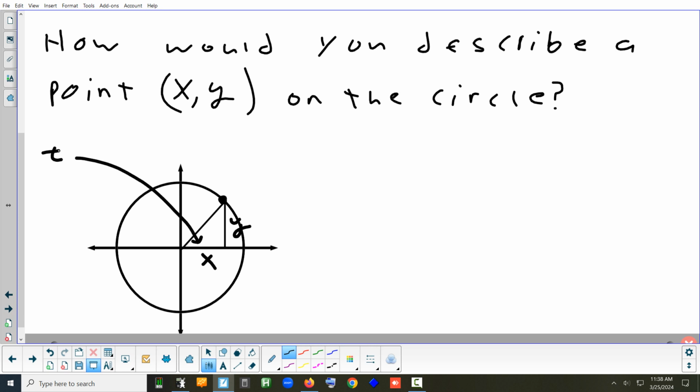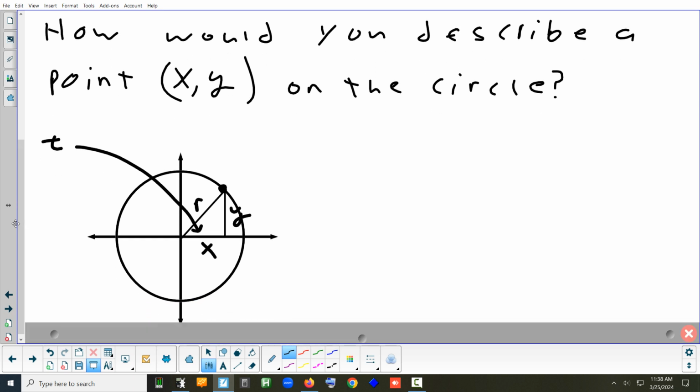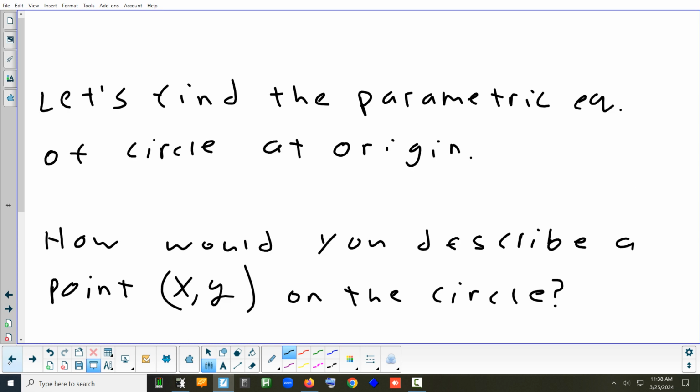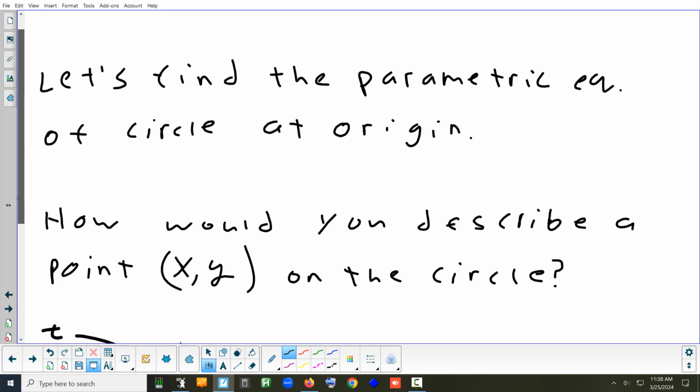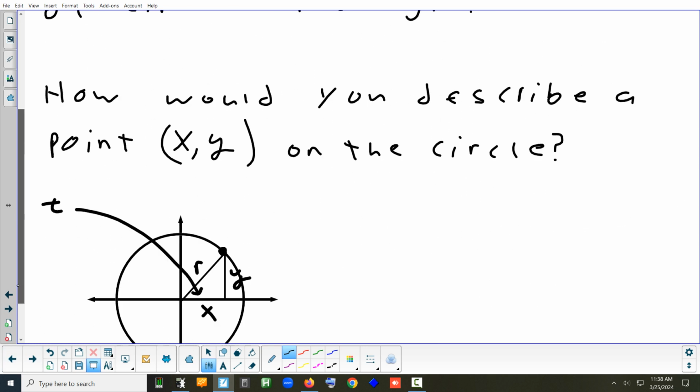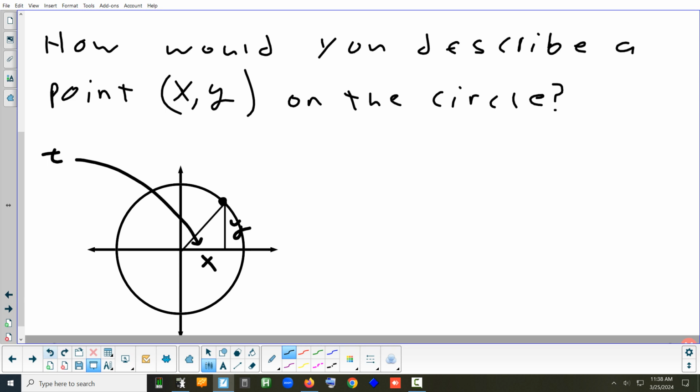So you've got to come up with a formula to calculate x based on this value. And we don't know what this is. We could just call this side r, like our radius. But let's just, to make it simple, let's do a unit circle.